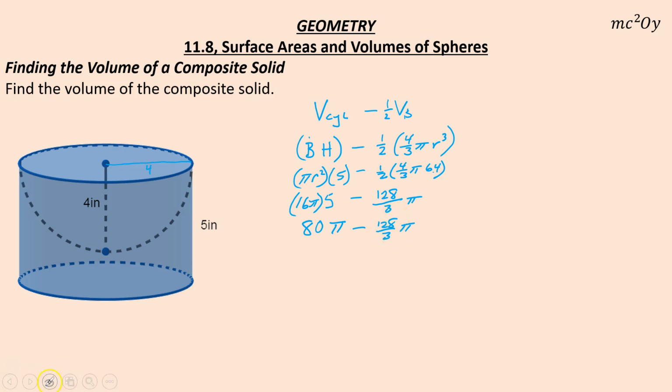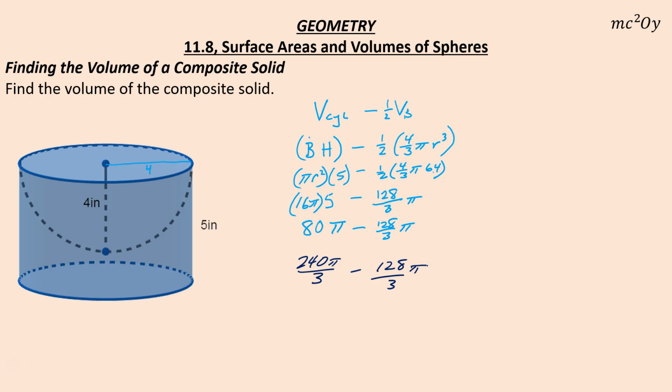Now, I kind of get on my class about this, but make sure you can put these two things together. 80 in terms of thirds, well, that's just 80 times 3. That's 240 pi over 3, right? So if you're trying to get this in thirds, just like that's in thirds, then you've got a common denominator. You just subtract them, right? And this pi can just go up here with the 128.